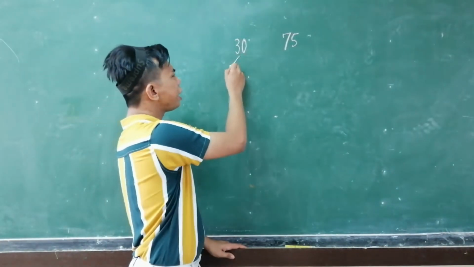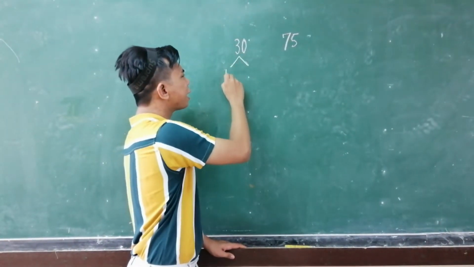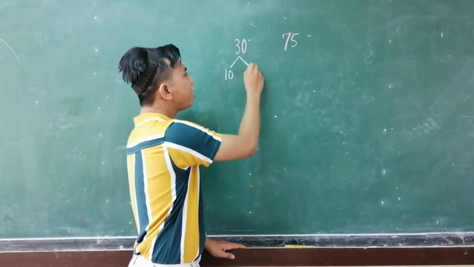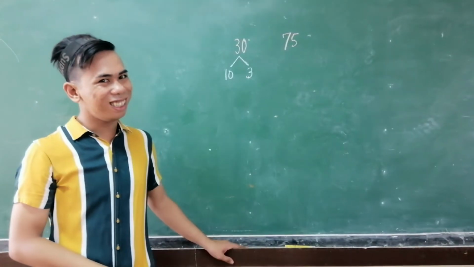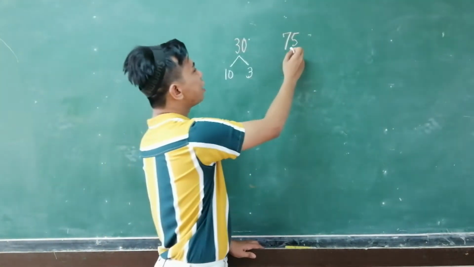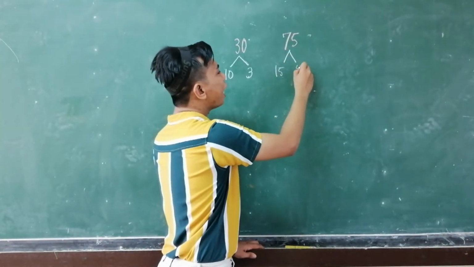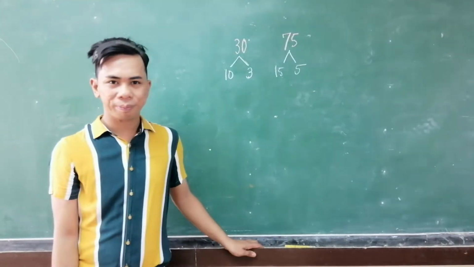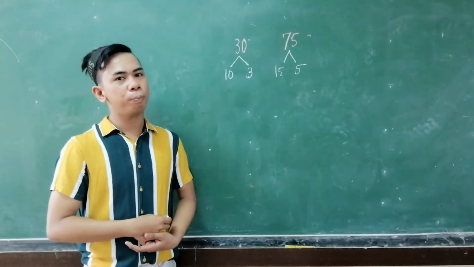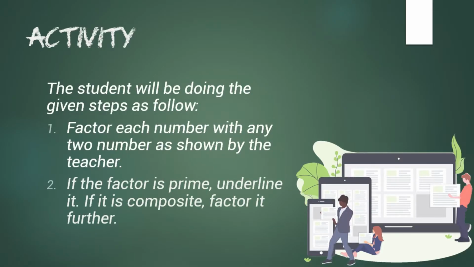Okay, so 30, let's say 30 is 10 times 3, and 75 is 15 times 5. So that's for step 1. Step 2. If the factor is prime, underline it.